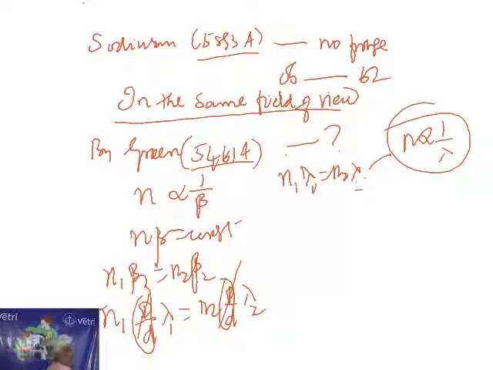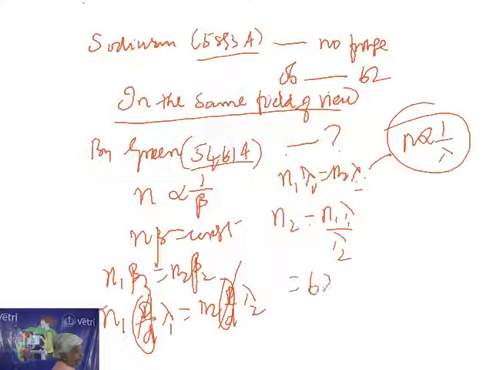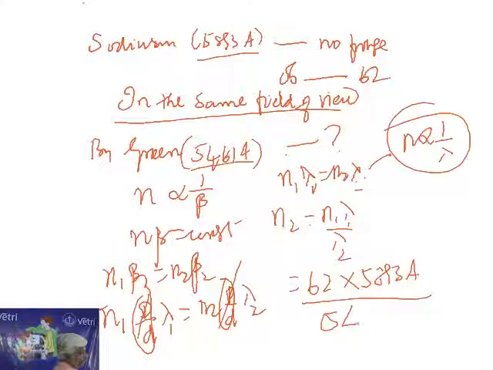Otherwise, we can put n2 is nothing but n1 lambda 1 by lambda 2: n1 is 62, lambda 1 is 5893 angstrom divided by 5461 angstrom. Everything cancels, nearly 67. So the answer is 67 fringes are observed. Like that the problem may be asked, so you have to keep this in mind.